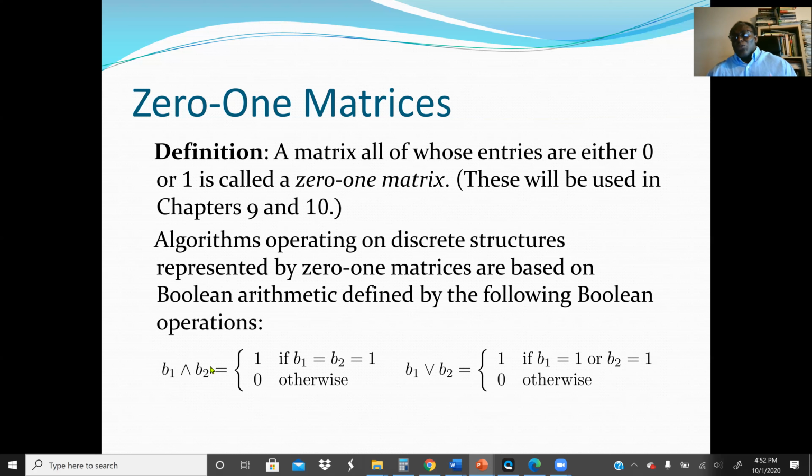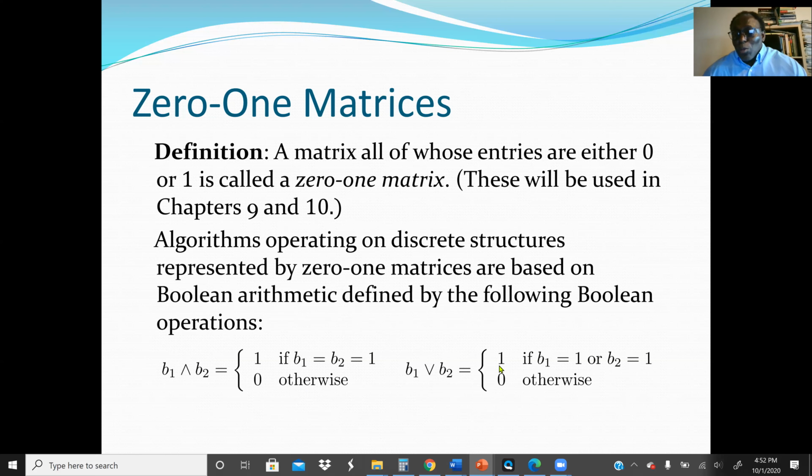Remember 1 conjunction 1 is 1, and the rest is 0. So 1 conjunction 0 is 0, 0 conjunction 1 stays 0, 0 conjunction 0 stays 0. Otherwise it is 0. We only get 1 when both of them are 1.